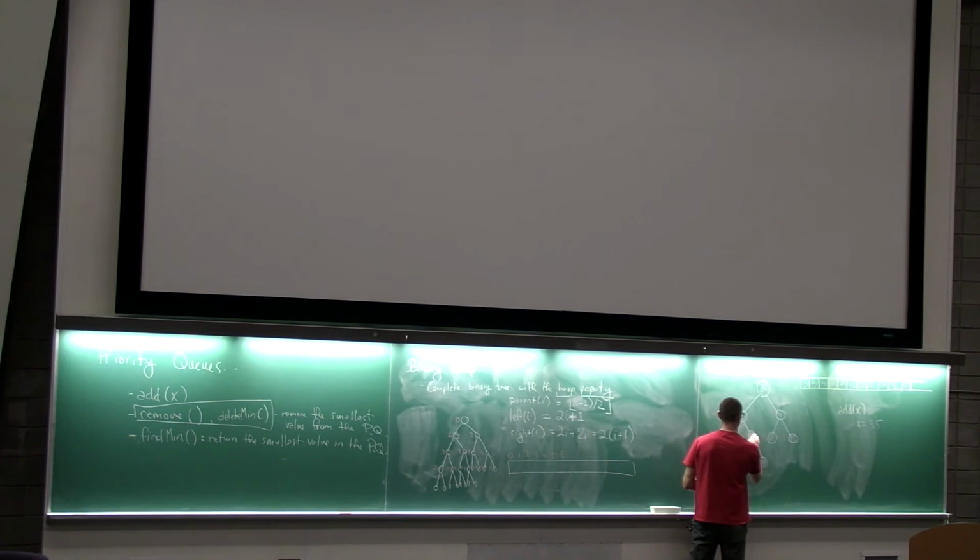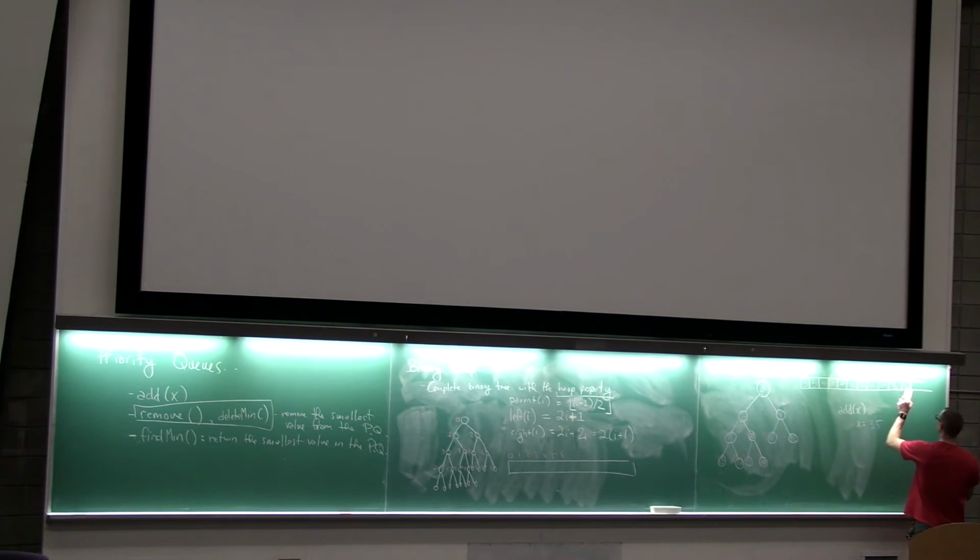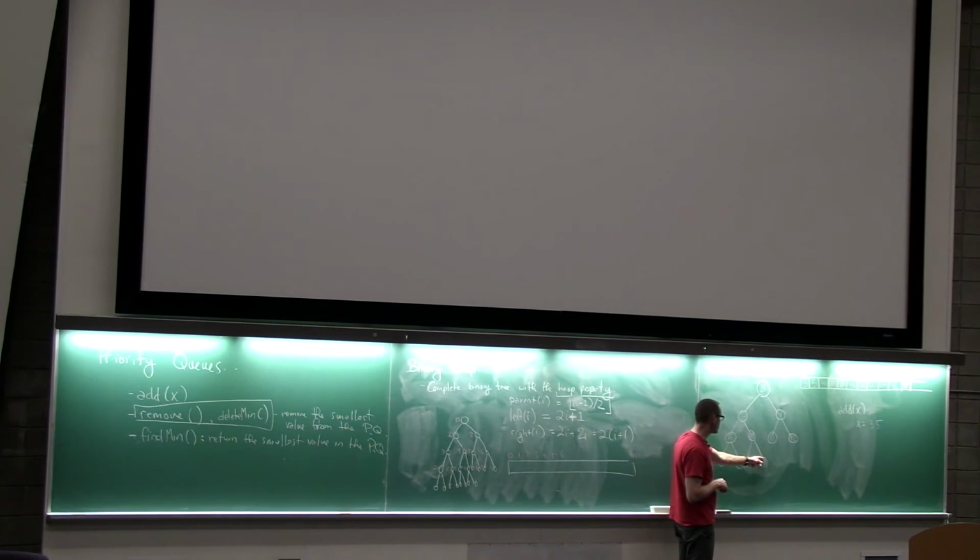In the array, that's just swapping two values in the array. We know which two values to swap because 7 was at index 10, 10 minus 1 is 9, divided by 2. Now we know that this edge between this parent and this child is okay.